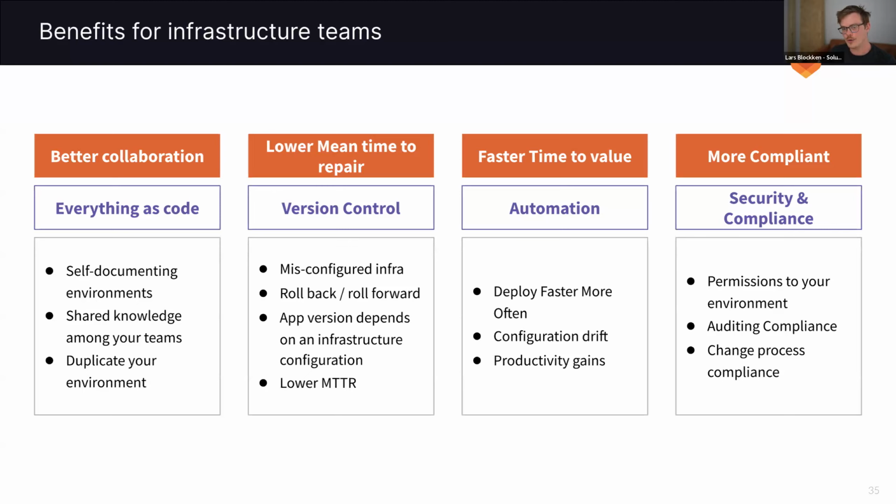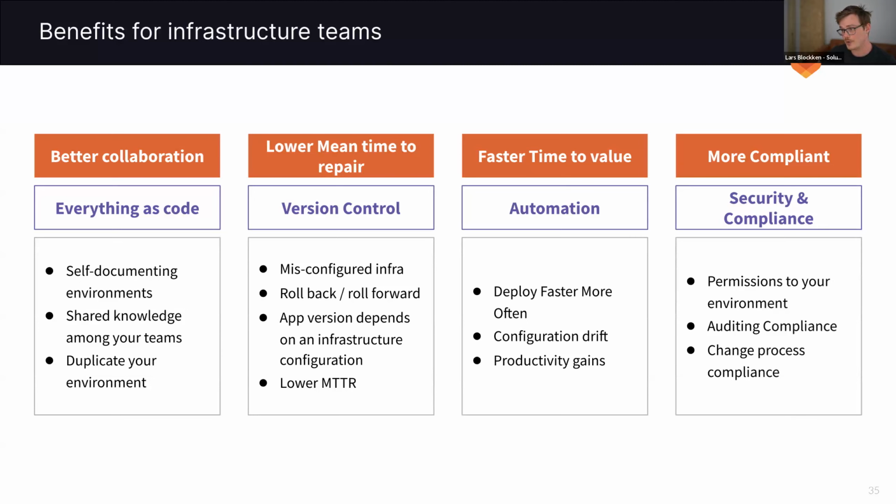We also see a lower mean time to repair because of version control. We can very quickly see if misconfigured infrastructure happens, and we can roll back or roll forward because of the way that we have our version control set up. Basically, if something goes bad, we can quickly fix it.